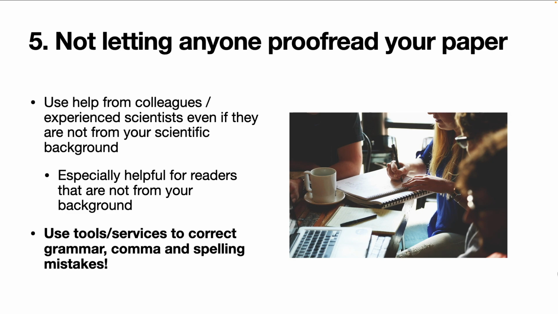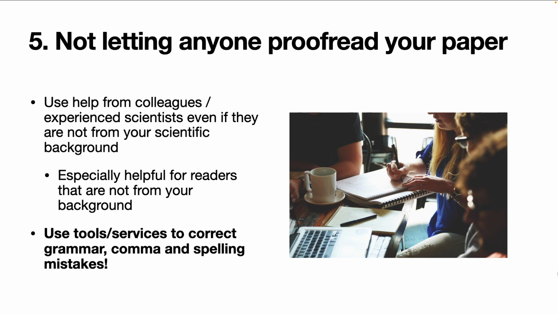Not letting anyone proofread your paper is a very bad mistake. Even if you think that your colleagues do not know the details of your research for proofreading, it's still valuable if they proofread it. This is especially helpful for readers that are not from your background, and sometimes some points need to be clarified more.